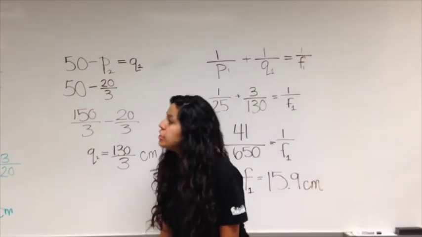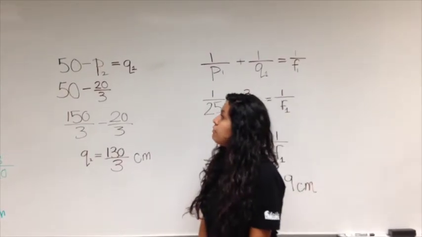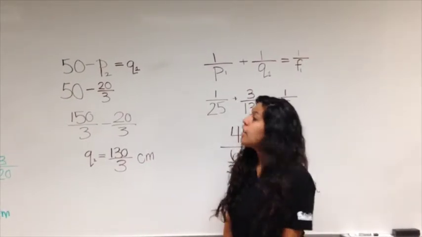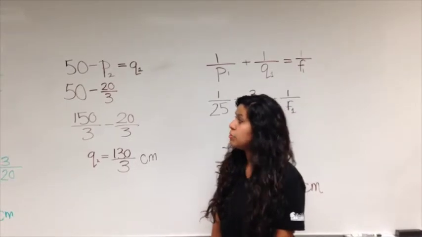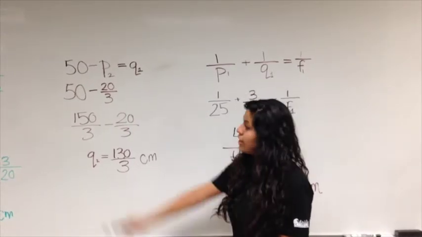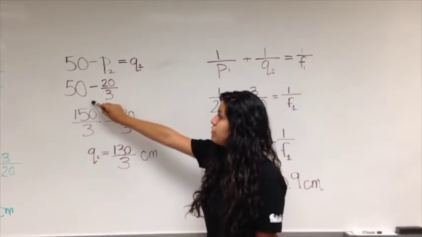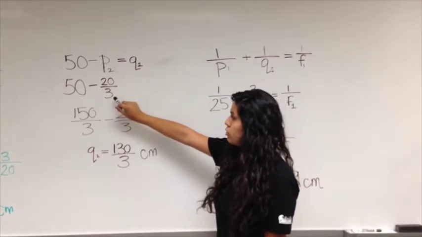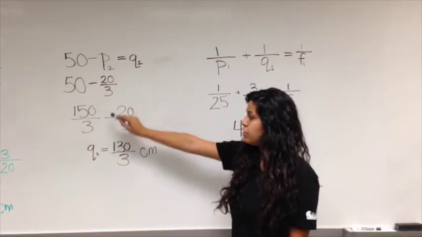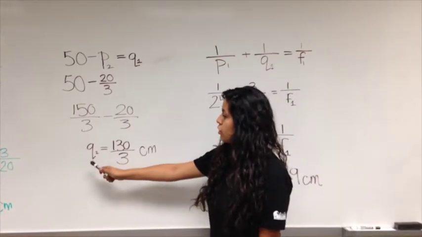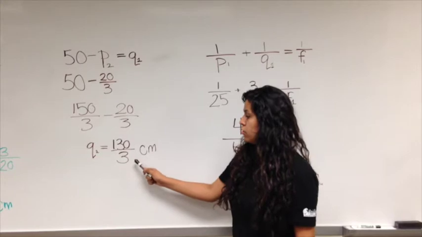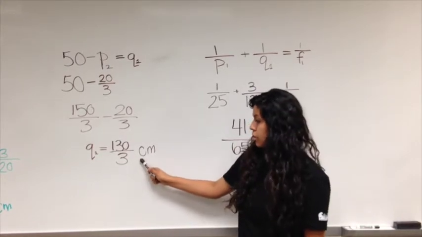Okay, so we're going to continue working backwards, but first we need to find what Q1 is. And Q1 is the distance between the two lenses, which was given as 50 centimeters minus P2, which we just found. So it'd be 50 minus 20 over 3, and when we do the math, Q1 ends up being 130 over 3 centimeters.